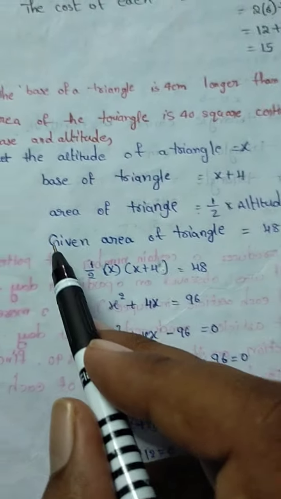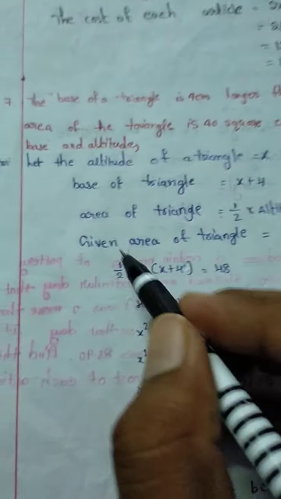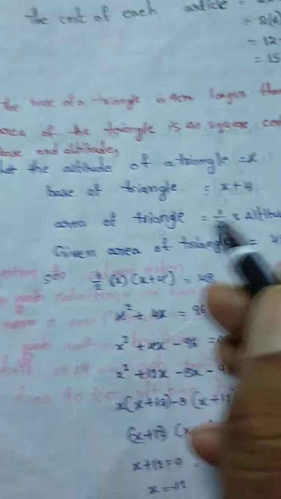Already given the area of the triangle is 48 square centimeters, so both are equal.